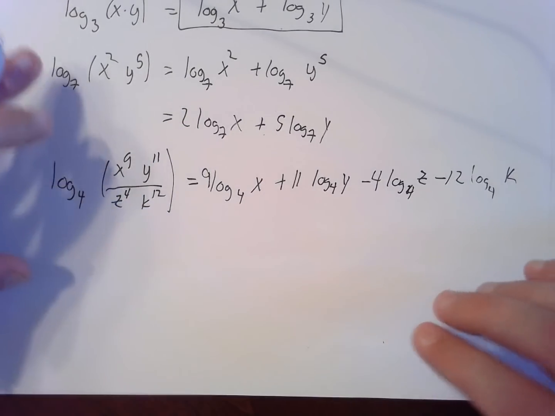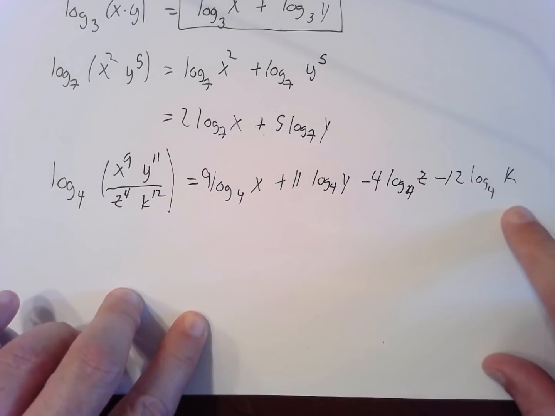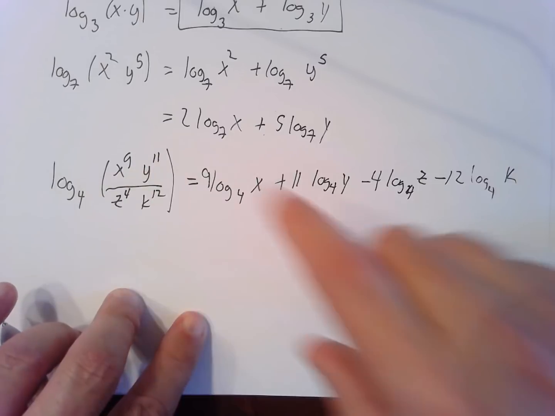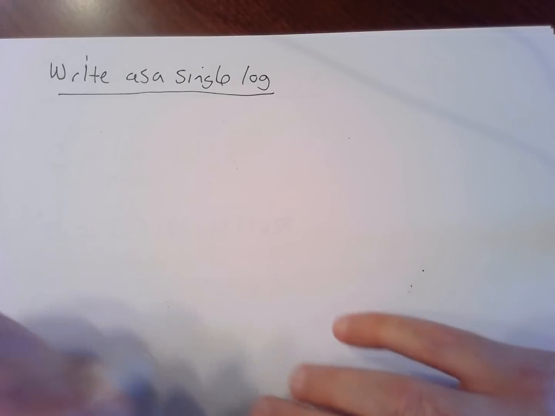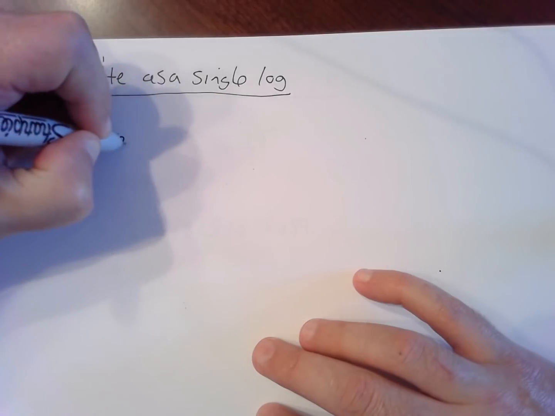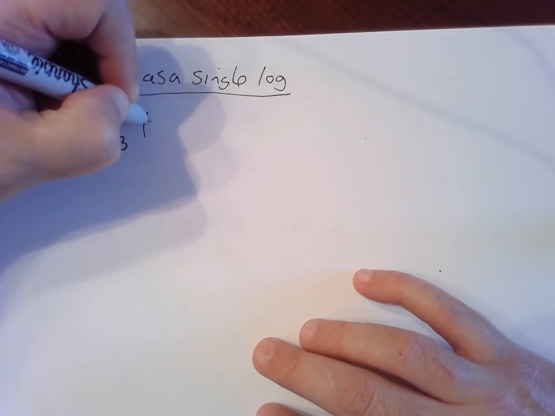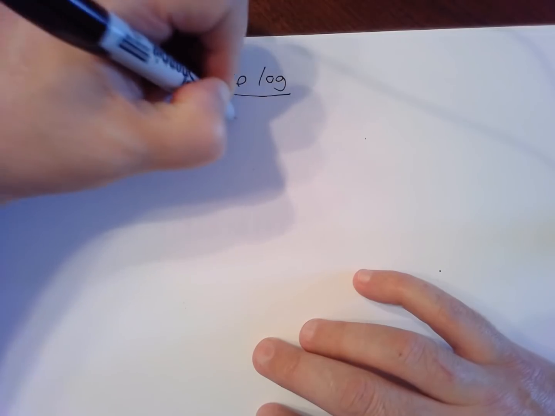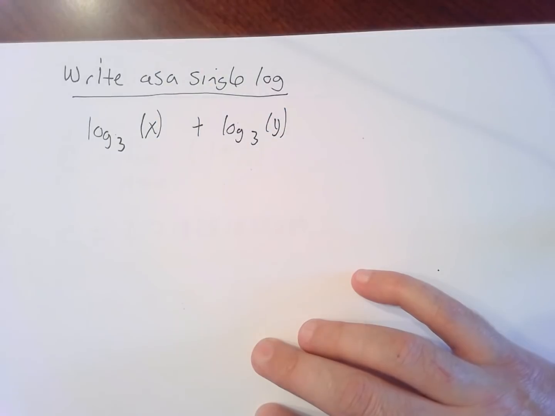In the real world, what we usually end up doing, though, is contracting logs, going from stuff that looks like this back to stuff that looks like this. So let's practice that. Our directions will say take whatever you're given and write it as a single log. So say I'm given log base 3 of x plus log base 3 of y.